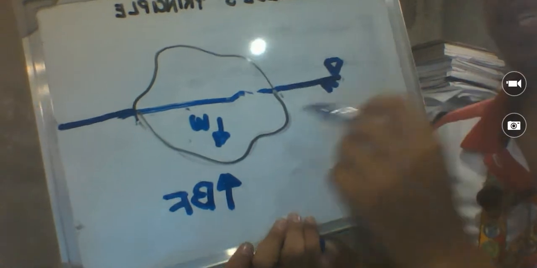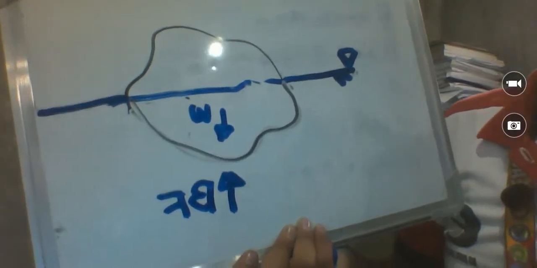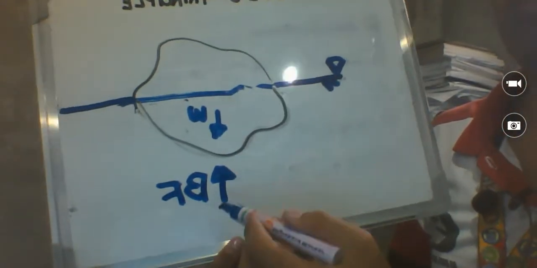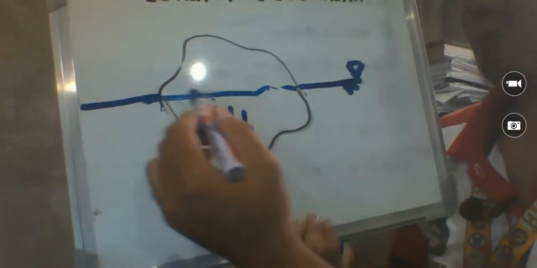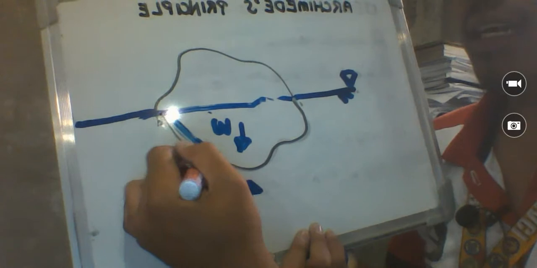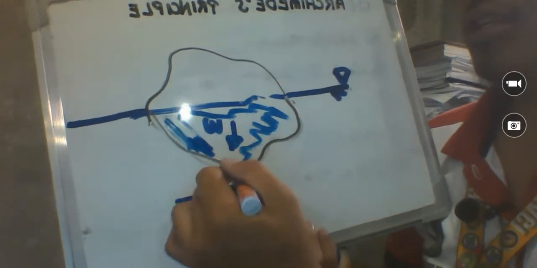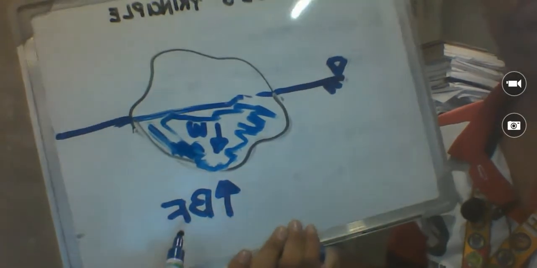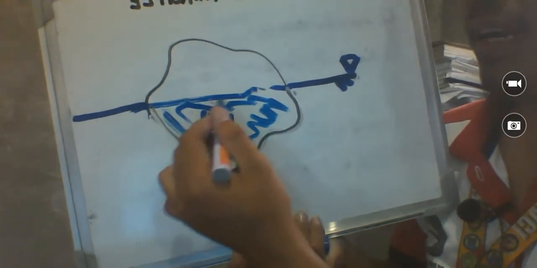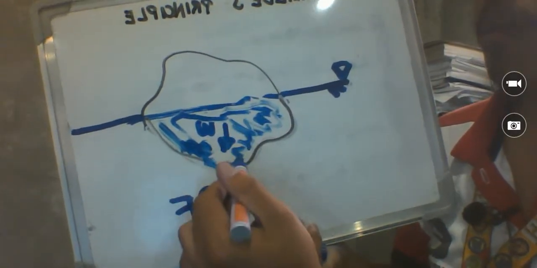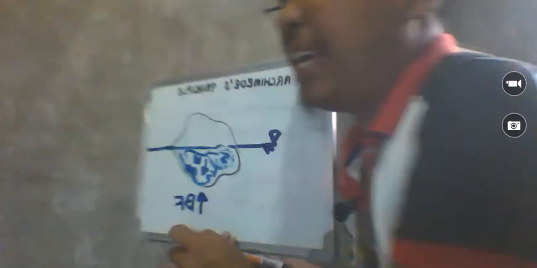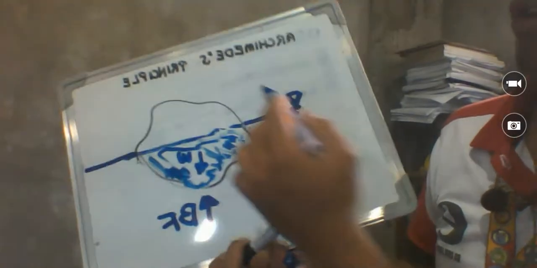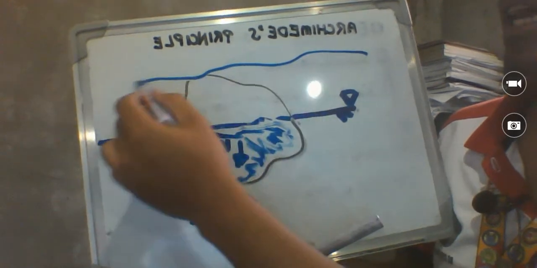So take note, yung buoyant force na ito is equal to the weight of the submerged body. Meaning, yung weight ng nakalublob sa tubig. So ito yung equivalent ng buoyant force na ito. Pero, question, sir, what if yung body is nakasubmerge as a whole?